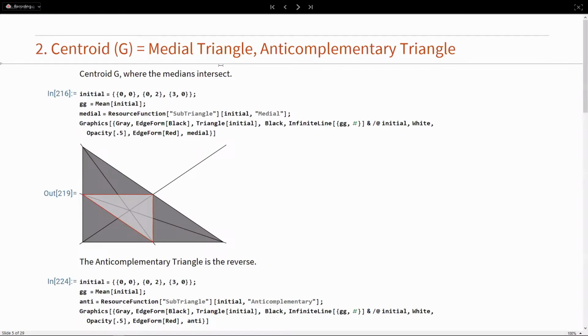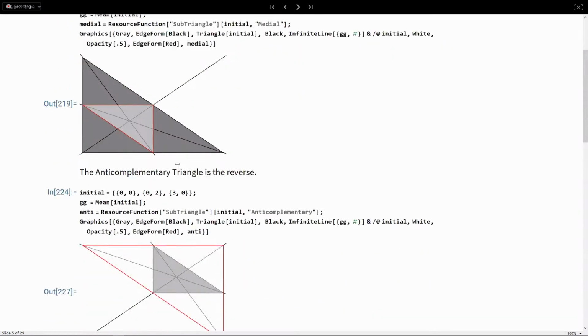The next thing we can talk about is the centroid, where the medians meet. With that, you get the medial triangle from the cevians of the centroid in red here. We've got the original triangle in gray. In red, we've got the medial triangle where the medians intersect. The anti-complementary triangle is the reverse.